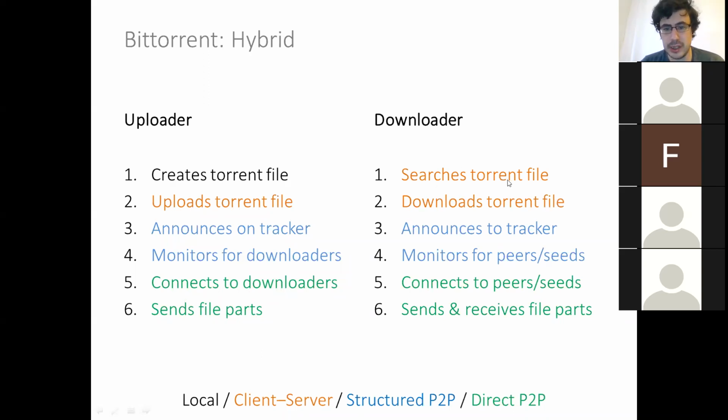The downloader searches for the torrent file in the search engine, downloads the torrent file, announces to the tracker, monitors for peers and seeds, connects to those, and then sends and receives file parts.